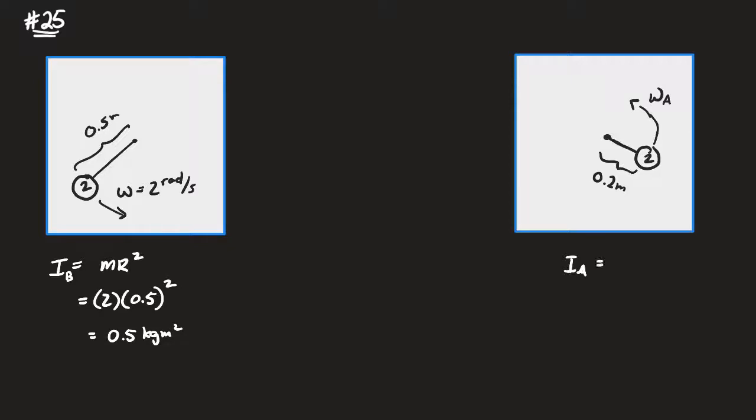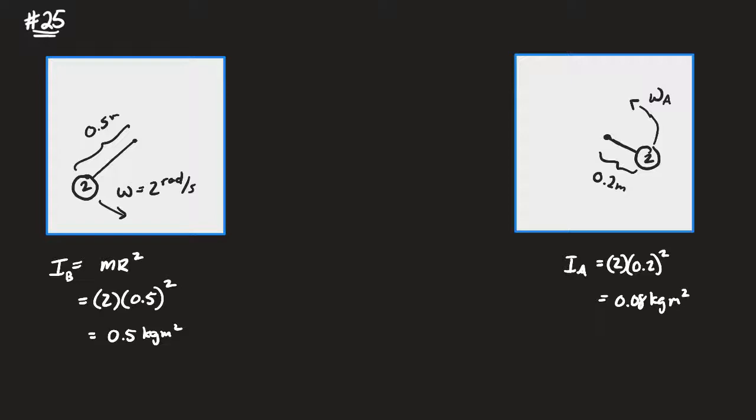Afterwards, you shorten the string. The mass hasn't changed, but the string has gotten shorter. So the moment of inertia is now going to be 0.08 kilogram meter squared. It's a pretty substantial change in the moment of inertia.